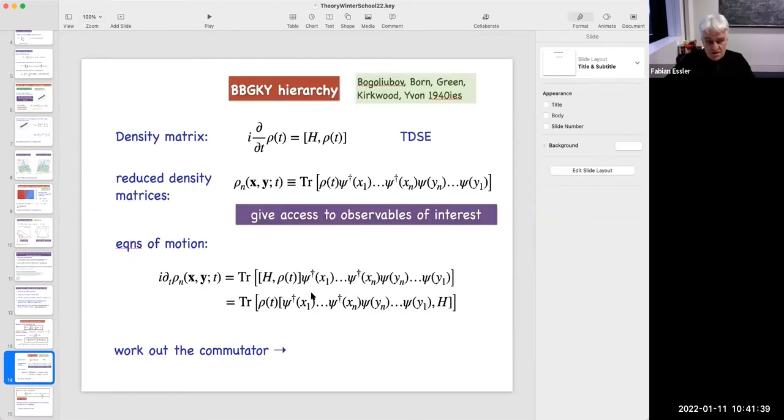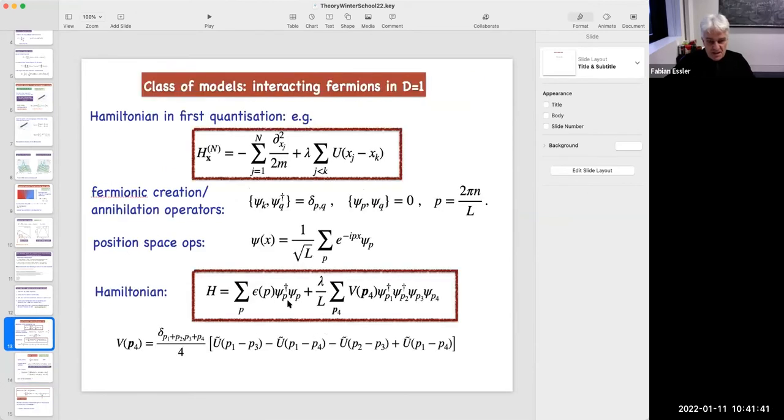So in other words, if you go to second quantization, I have written the Hamiltonian here in momentum space. But if I write the kinetic energy in position space, this would be psi dagger of x dx squared psi of x. That's what I would get for the kinetic energy in terms of the position space operators.